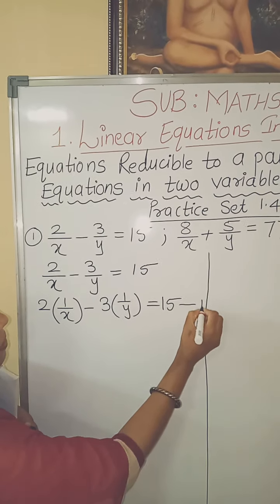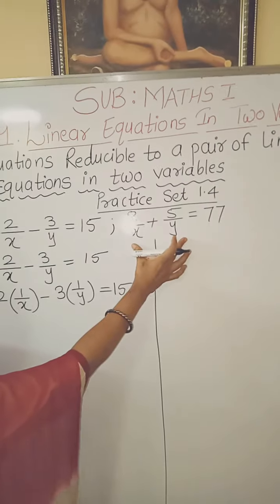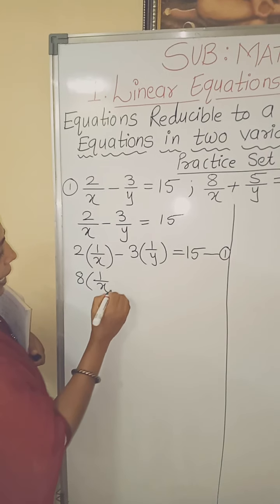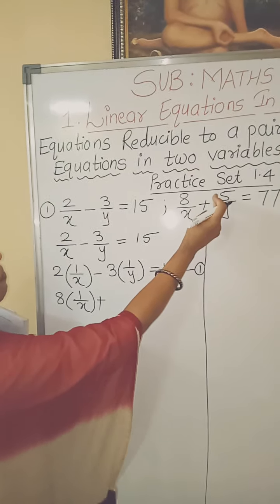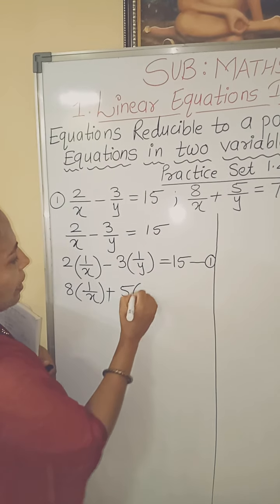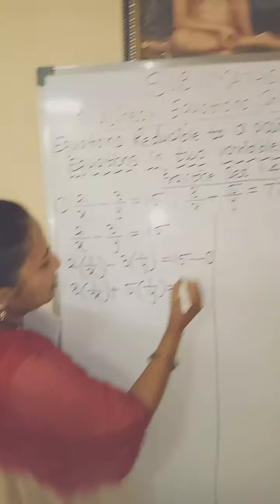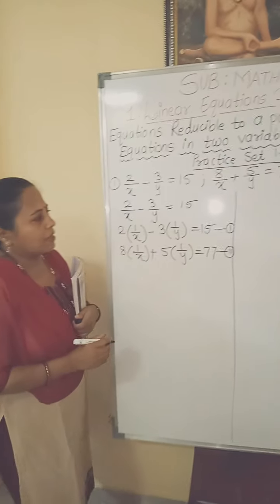This is our first equation. In the same way we will convert the second equation: 8 into 1 upon x plus 5 into 1 upon y equal to 77. This is our second equation.